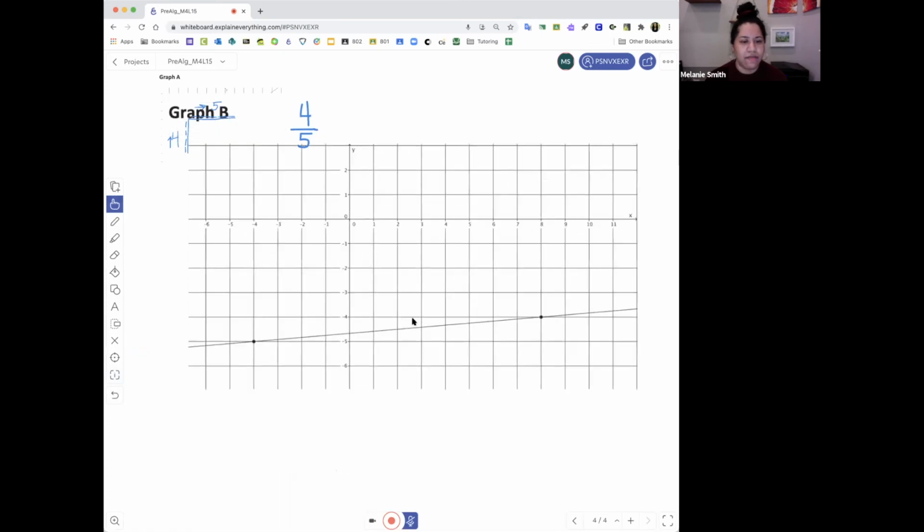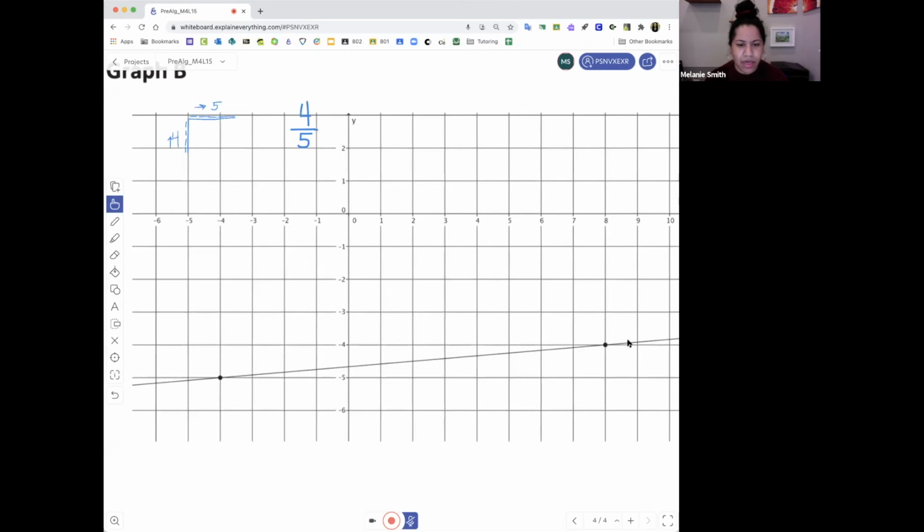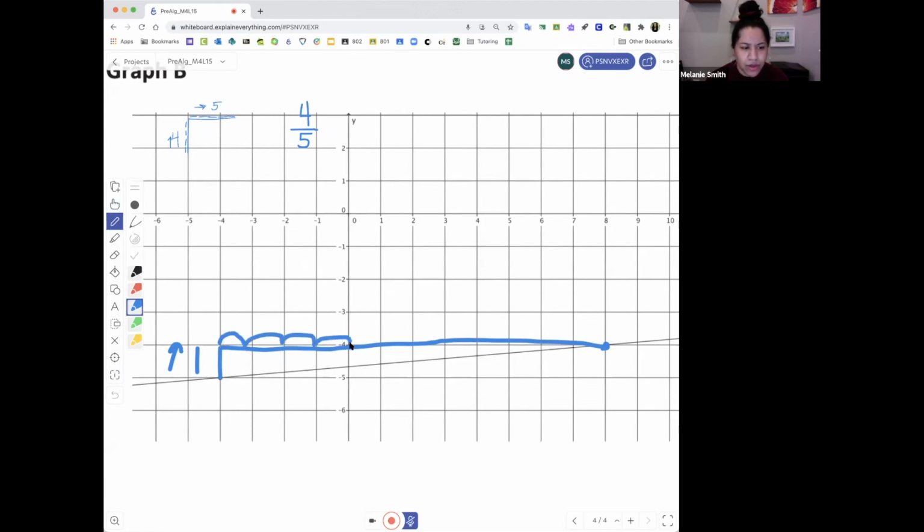And then I have graph B here. Graph B, it is kind of hard to see this line. I don't know if you can see it. It's really thin there. And we have our 2 points from this point all the way over to this one. Okay, and that is up 1. And then over, okay. 1, 2, 3, 4, 5, 6, 7, 8, 9, 10, 11, 12.